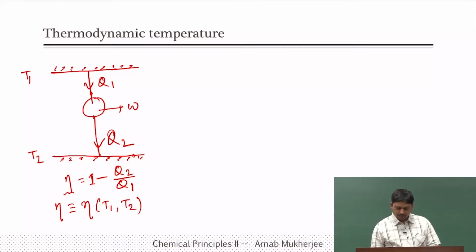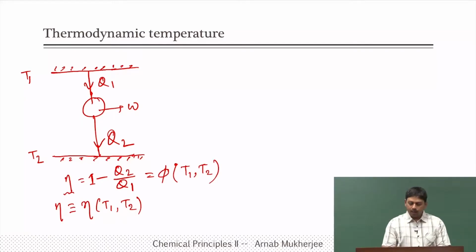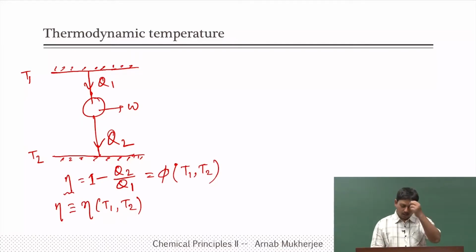So, we can call this efficiency some function phi of T1 and T2.